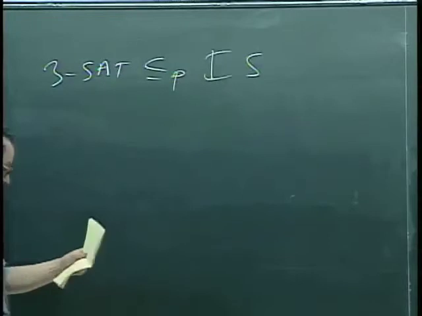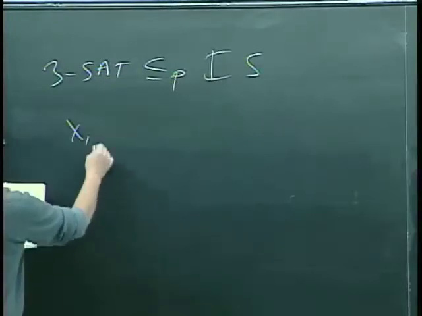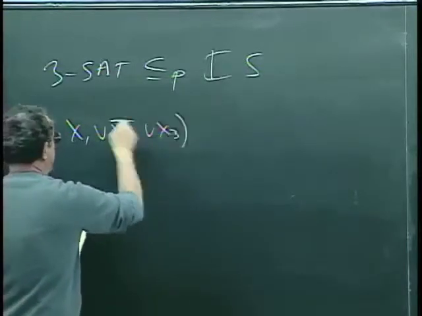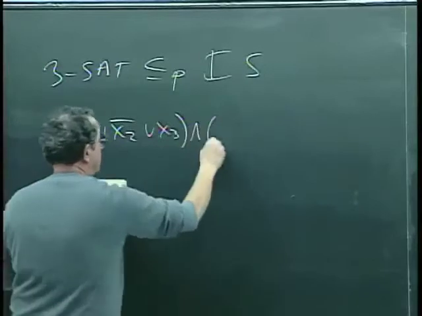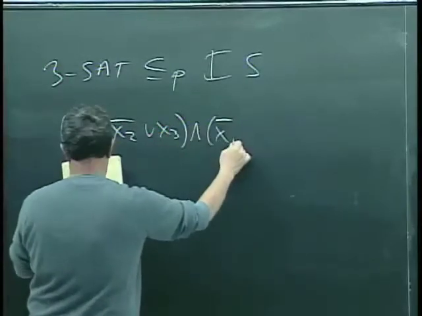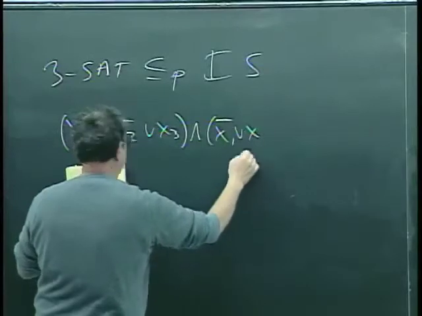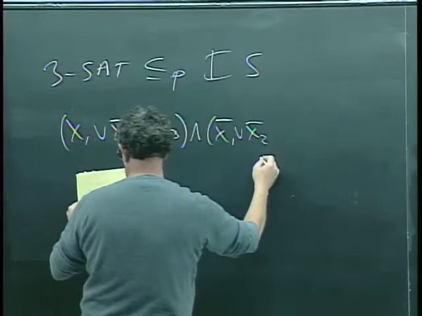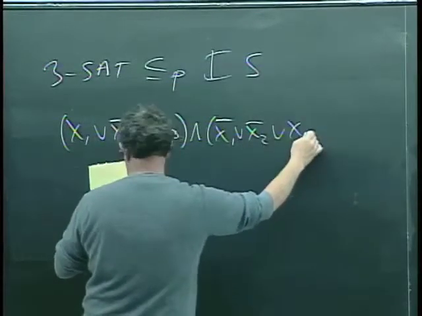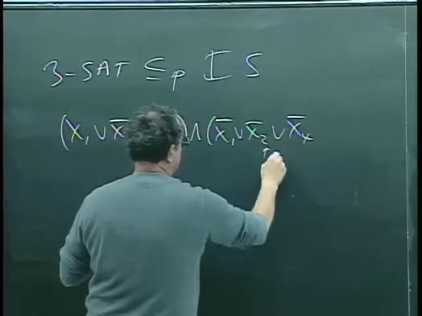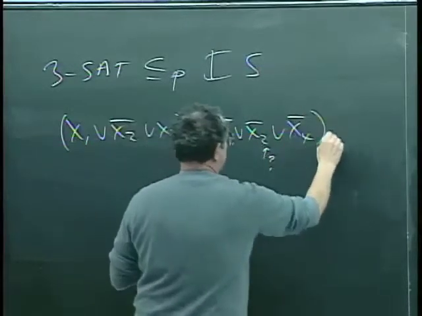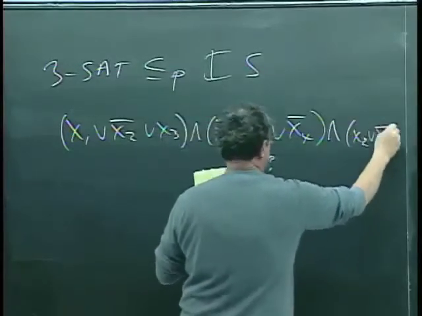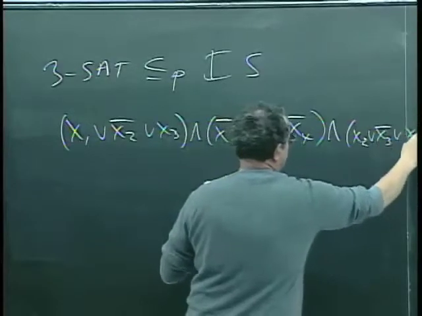Let me just give you an example of 3-SAT. x1 or x2 bar or x3, and x1 bar or x2 bar or x4 bar, and x2 or x3 bar or x4.